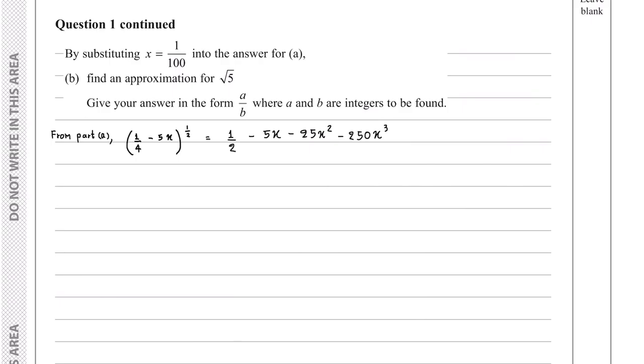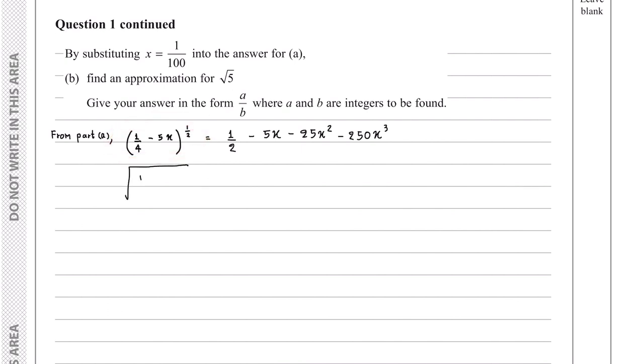By substituting x equals 1 over 100 into the answer for part A, find an approximation for square root 5 and give your answer in the form a over b, where a and b are integers to be found. So here's what we've got from part A, and we have to approximate square root 5. That means we better change this one to the square root of 1/4 minus 5x.